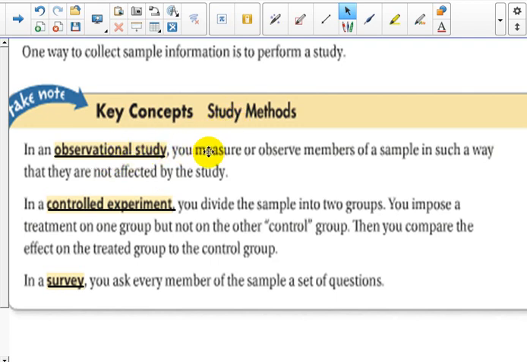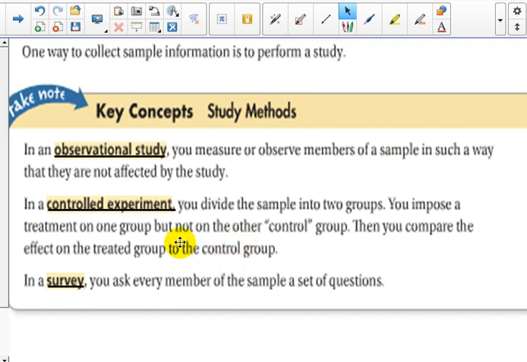So in an observational study, you measure and observe members of a sample in such a way that they are not affected by your study. So you just sit back and watch, right? And observe, take notes. In a controlled experiment, you divide the sample into two groups. You impose treatment on one group, but not the other, and the other one is your control group. Then you compare the effect on the treated group to the control group.